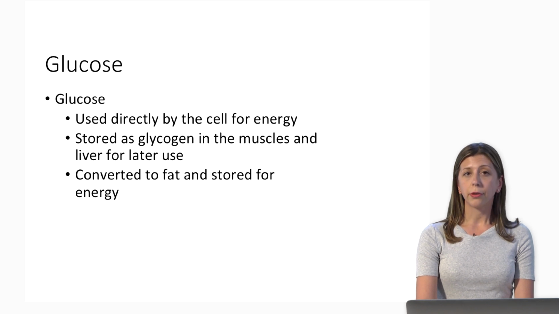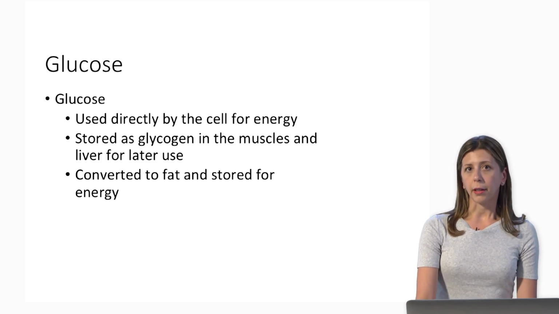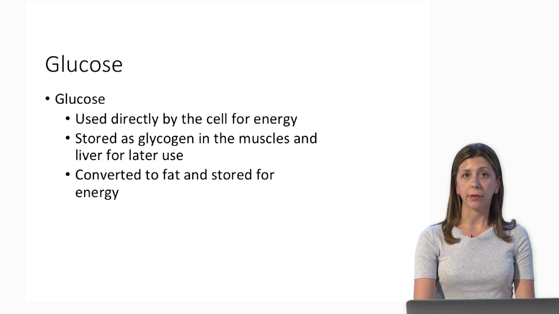When we get too much glucose in our diet, let's say you just feasted, you overate on a bunch of bread and some sweets or pie, eventually that glucose will be stored. The storage form of glucose is referred to as glycogen. And we can only store glycogen in 2 places in our body, and that's the muscles and liver. Why would you want to store that glycogen for later use? Well, think about this in terms of sports nutrition.